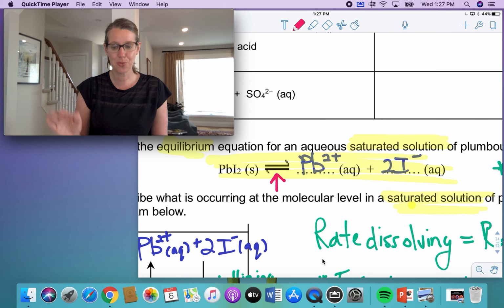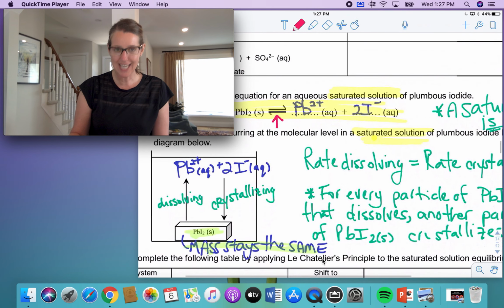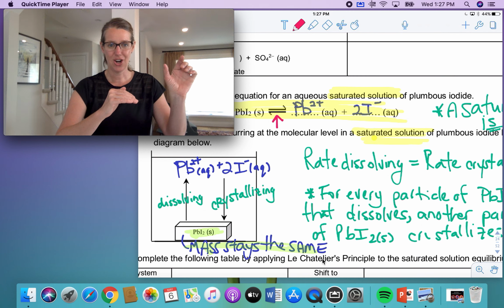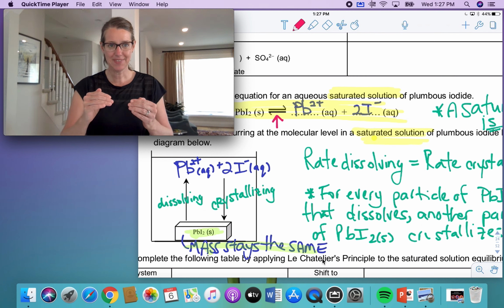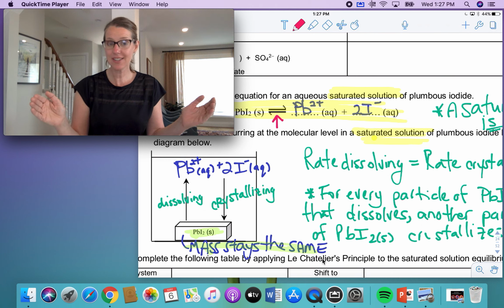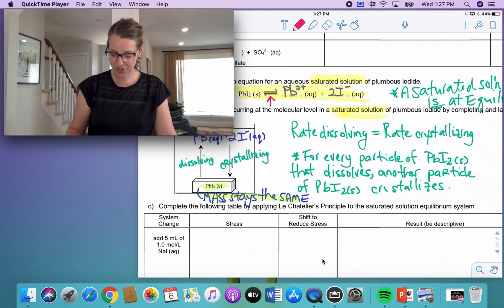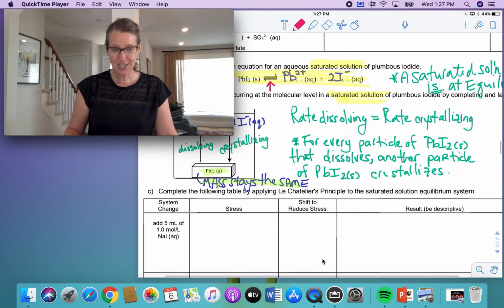That means that the rate at which the lead iodide is dissolving is equal to the rate at which the ions are recrystallizing. The mass stays the same. The system is dynamic, yet you've reached a dynamic equilibrium because it looks the same. There are no macroscopic changes to it. And that is what it looks like when you've got a saturated solution.